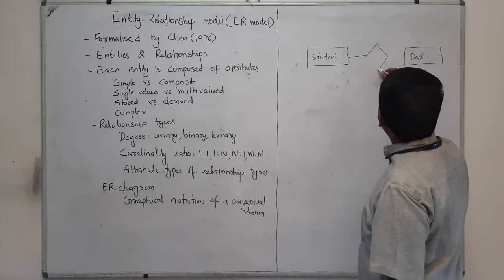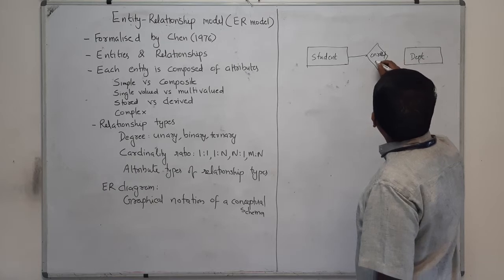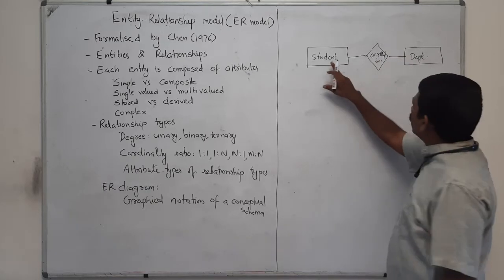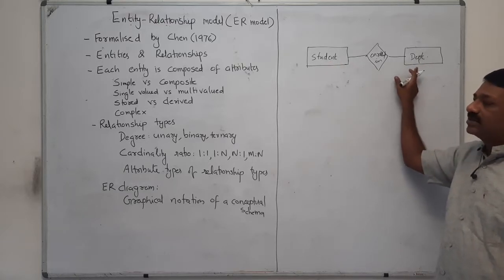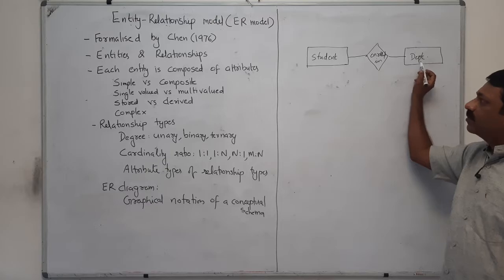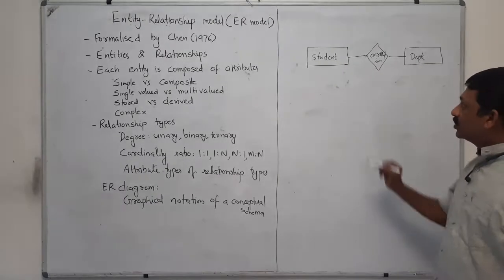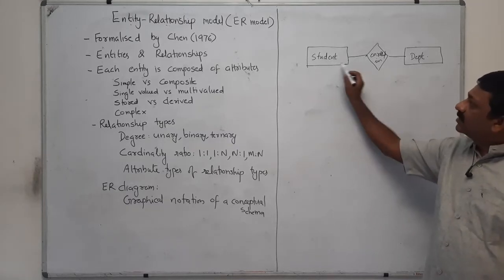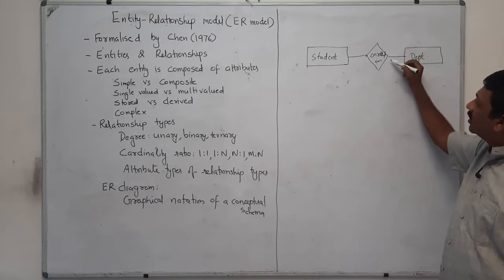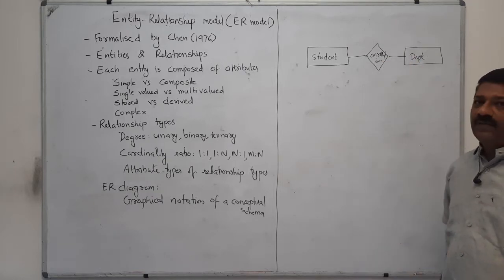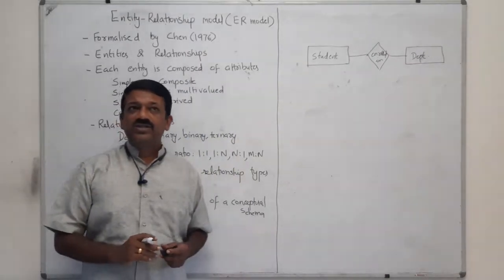This is a relationship, enrolled in: a student is enrolled in a department. So this is a kind of relationship. Students belong to some department, or students are enrolled in that department. Usually an entity is represented by a rectangle and relationships are indicated by diamonds.